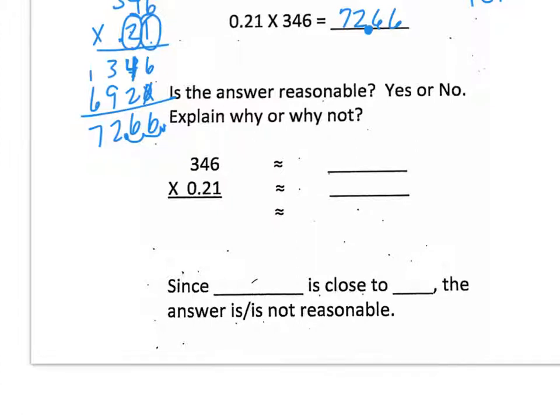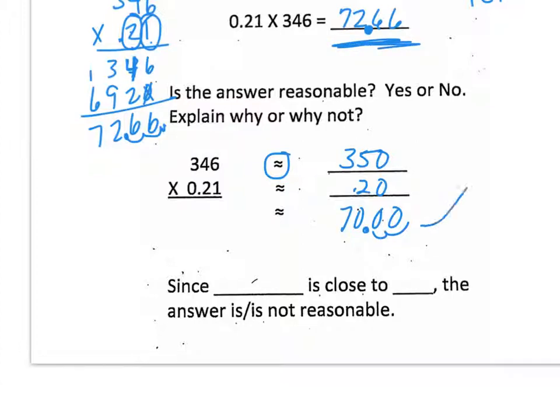I can estimate up if it makes a better estimate for me. By the way, this means about equal to. It's about equal to 350, and I would estimate this to be 20. And so I know that when I estimate this, that's goofy decimal, it would be about 70. So that is about what we had.